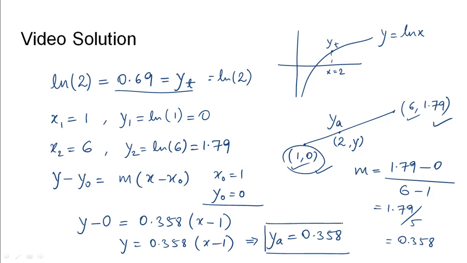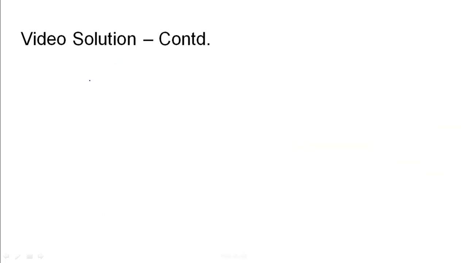So this is our approximated value, and this here is our true value. The approximated value was found to be around 0.358, and the true value was given in the question as 0.69.